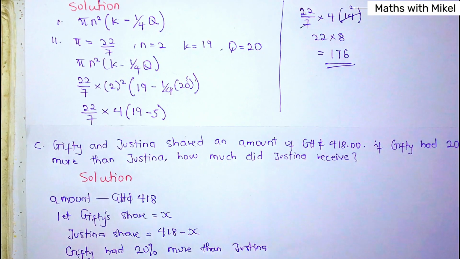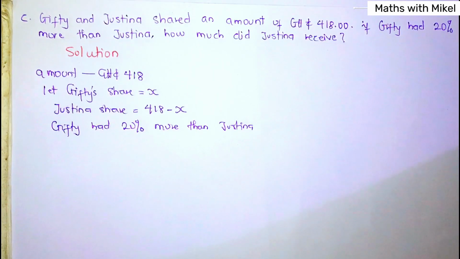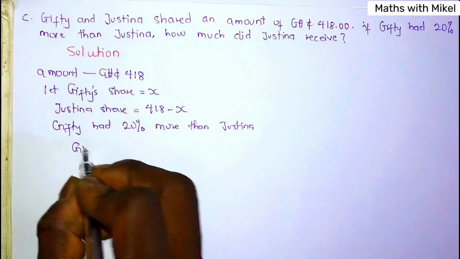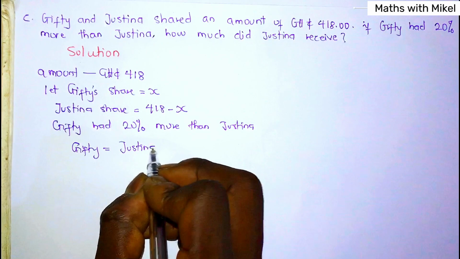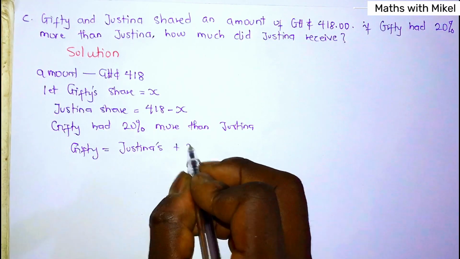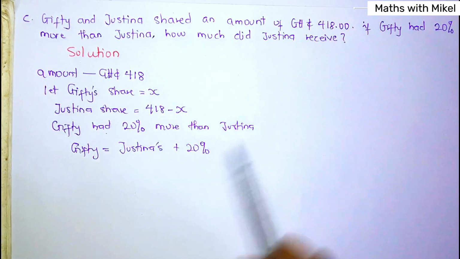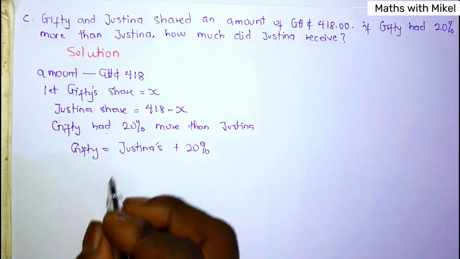Then if that's the case, we can say that Gifty's share is equal to Justina's share plus 20%, because if Gifty had 20% more than Justina, Gifty's amount is going to be Justina's amount plus 20%.